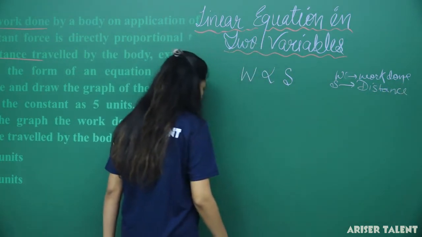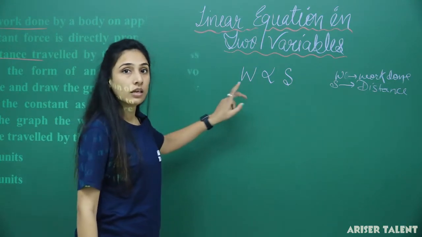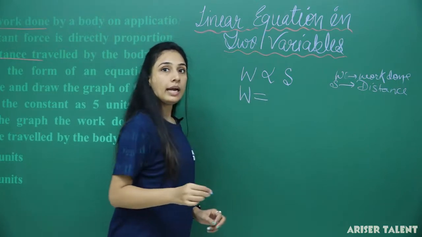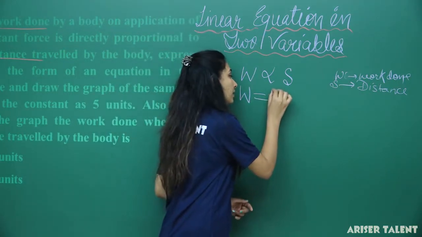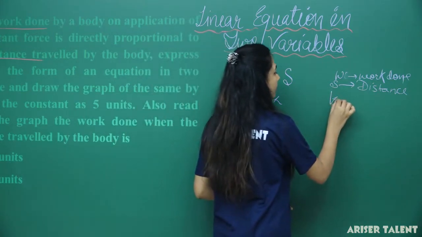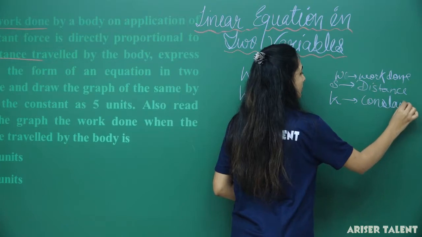Now remember, when we remove this sign of proportionality, what will we put? This sign, equals to, and in order to do that we will have a constant K.